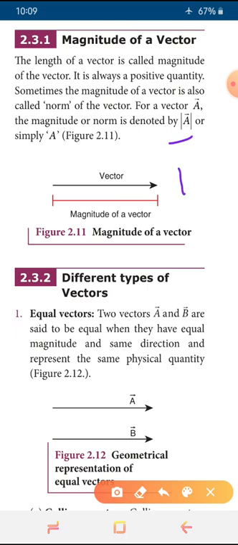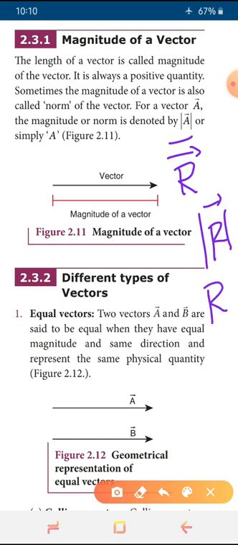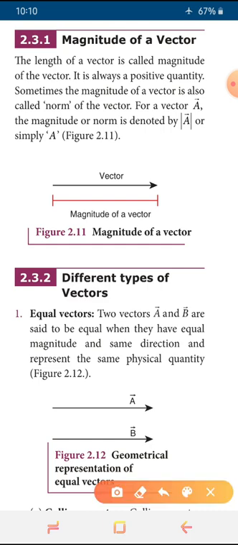Suppose we use r vector, this is r, and the symbol for vector, we put an arrow over the head of r. So the norm we can write as mod r vector, or we can write as r. When we put these two mod signs, the vector cancels, and these two are the same. For one more example, v vector.